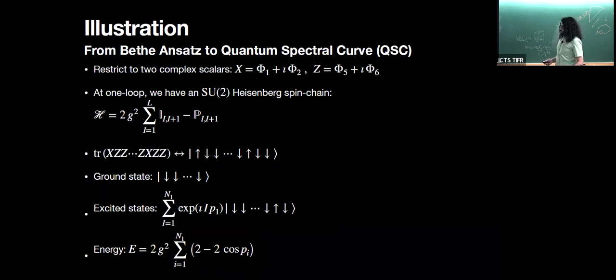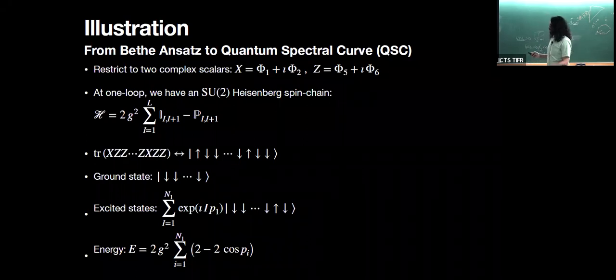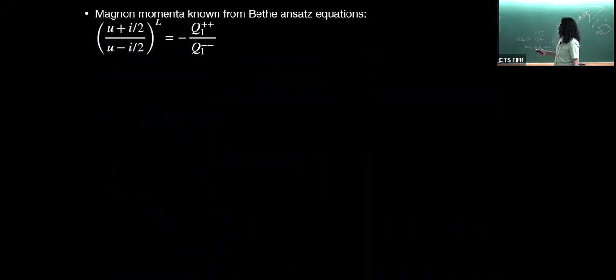As I mentioned briefly, in order to get the magnon momenta, you need to actually solve the Schrodinger equation. When you solve it, the allowed magnon momenta can be rewritten in the form of some equations known as the Bethe Ansatz equations.